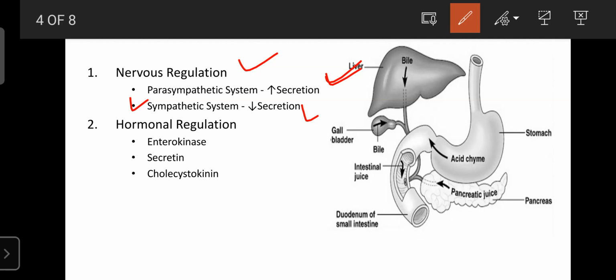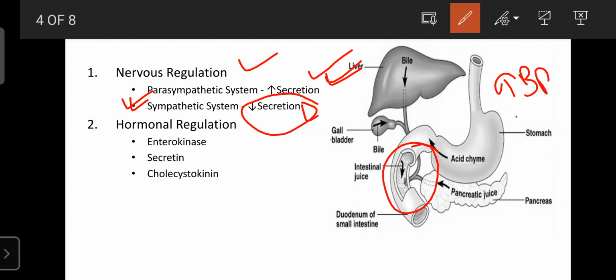So that's why, after half an hour of eating, our blood pressure and heart rate increase. Once the secretion is completed and the food is being digested in the small intestine, the sympathetic nervous system is activated to decrease the secretion and allow complete digestion, and the sympathetic nervous system also increases the blood pressure and heart rate.